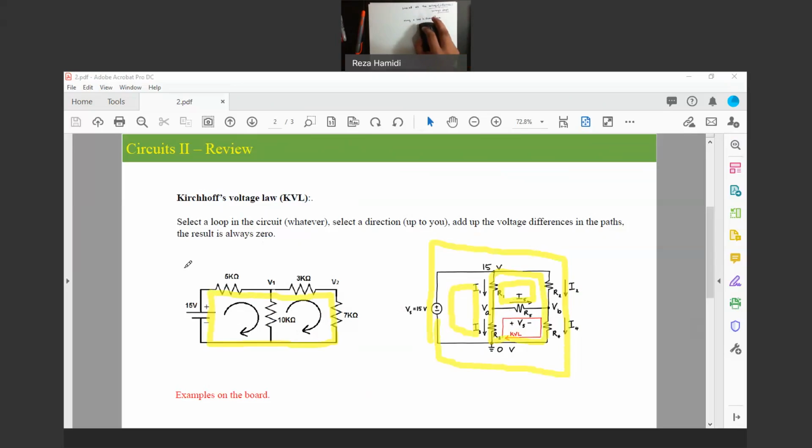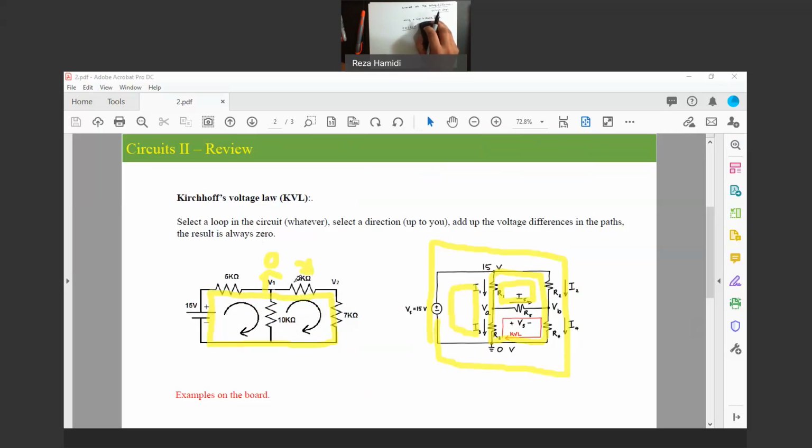But in a loop, you need to consider a direction for the loop. Okay? It's again up to you. It can be clockwise or counterclockwise. And at any given point, let's say someone is going to start from this point. And direction is gonna be clockwise.